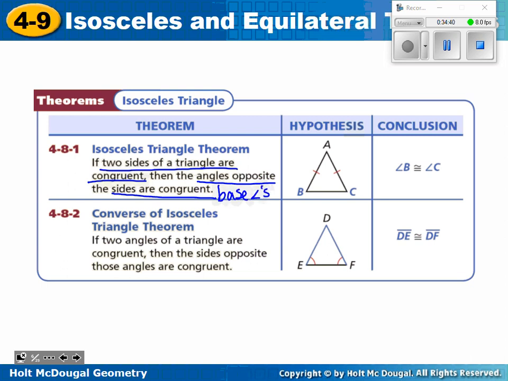So if it's isosceles, the base angles will be congruent. So the angles across from the congruent sides, angle B and angle C. Again, those are the base angles that will be congruent. Converse, what does converse do?